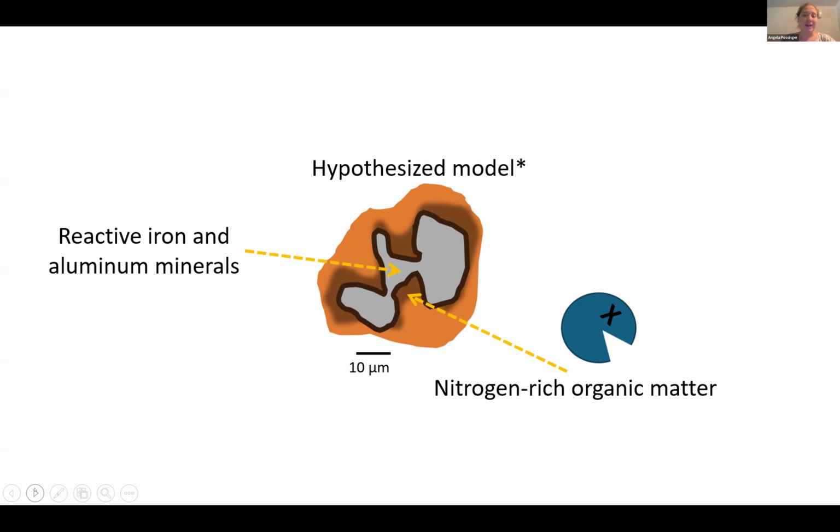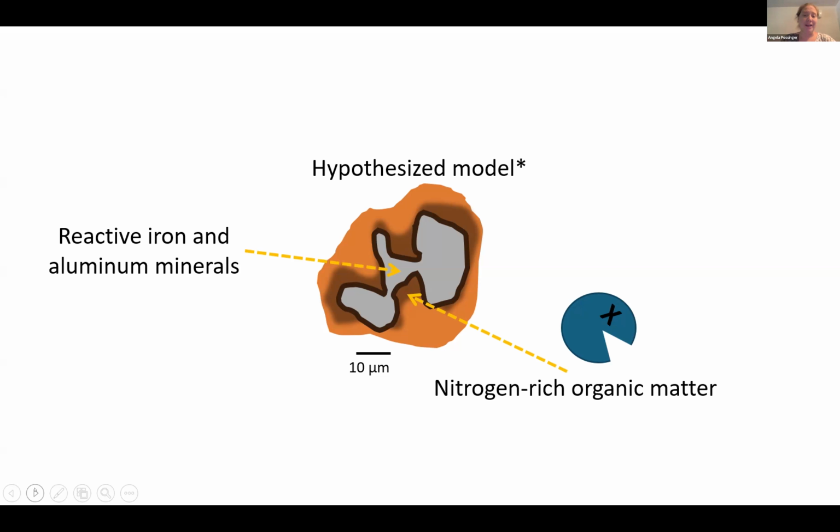We also have some evidence that that is particularly facilitated by organic compounds rich in nitrogen. So we expect that there could be accumulation of more nitrogen-rich organic matter directly at that interface between iron and aluminum minerals and organic matter. That could be sourced potentially from microbial residues, essentially dead microbes.